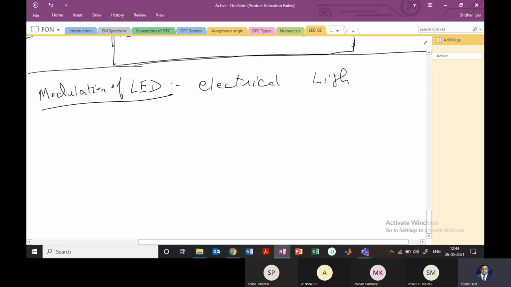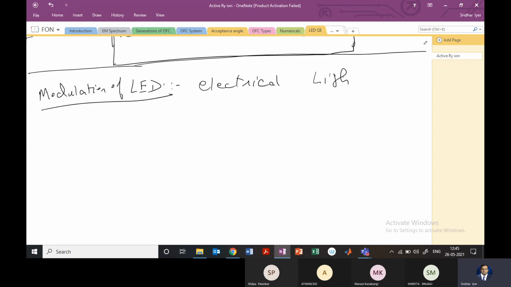So what could be this relation that we want to see? That is where the whole concept of modulation of the LED, and the modulation of the laser later on, will come.